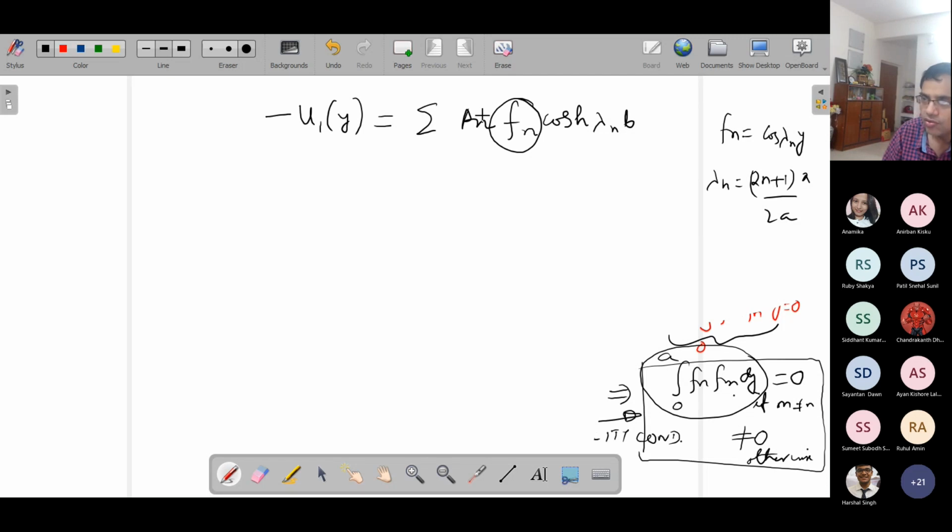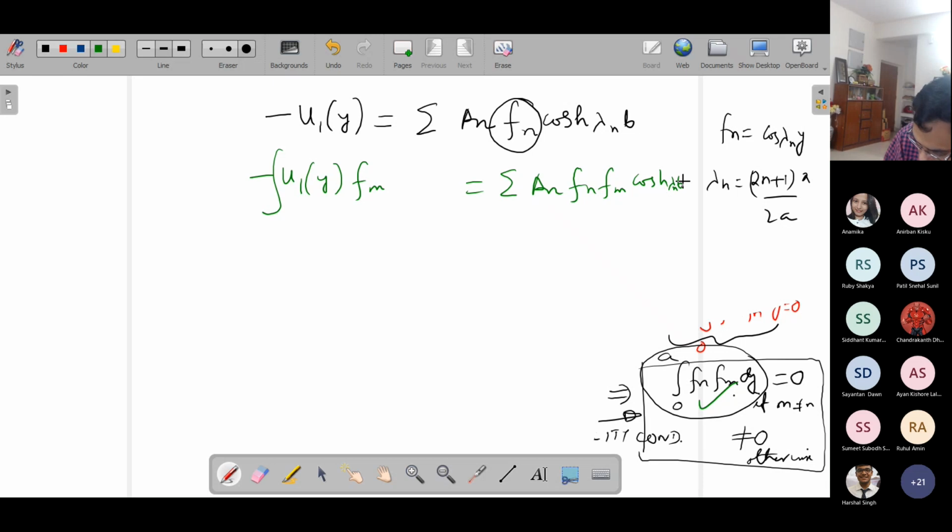Effectively, this is the variable function of y. Now we will exploit this orthogonality condition. To exploit that, we have to multiply it with fm, and integrate dy from 0 to a, because we want to use this orthogonality condition. That is why we are doing this.